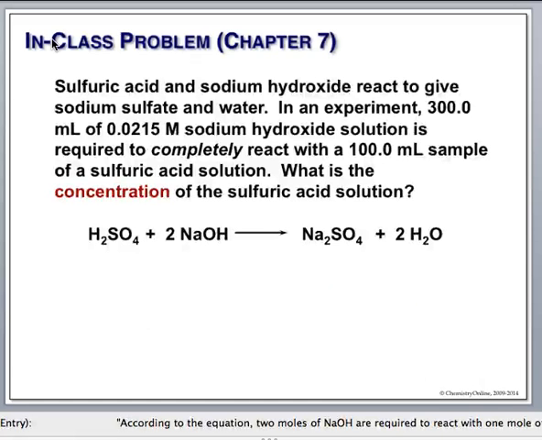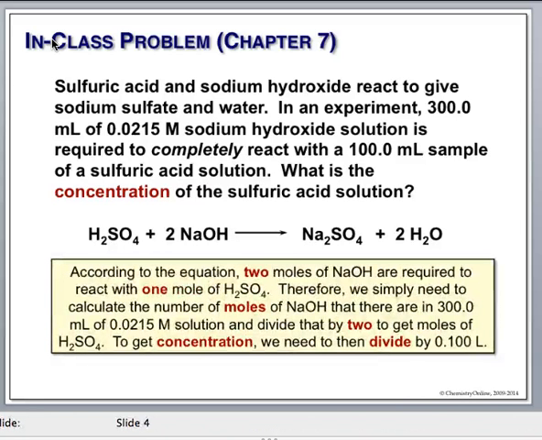We have a 100 mil sample of sulfuric acid. And what we did was to simply calculate the unknown concentration of our sulfuric acid solution. Let's just go through this again. It basically is a simple problem based on Chapter 7.